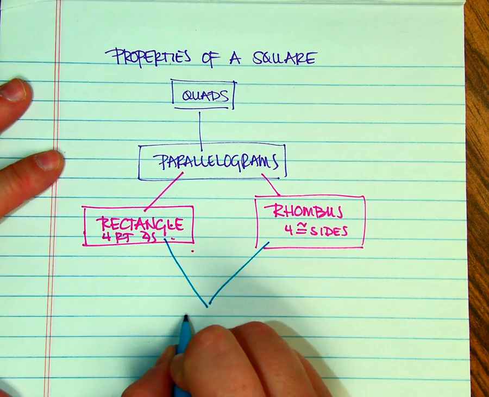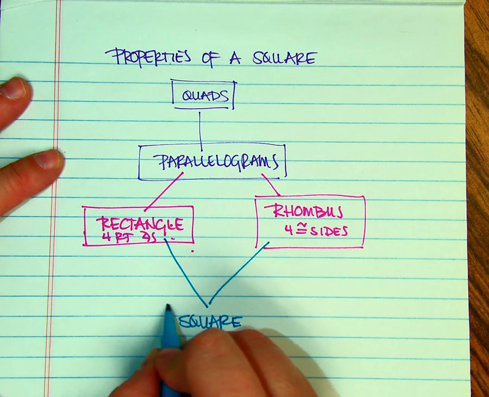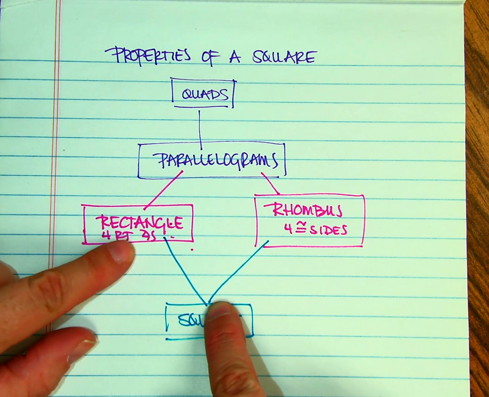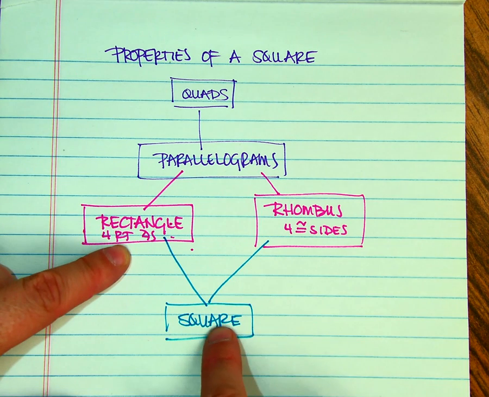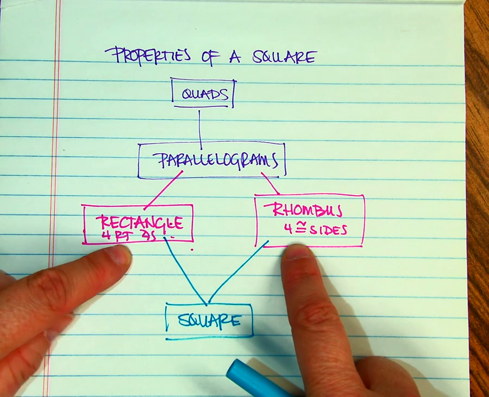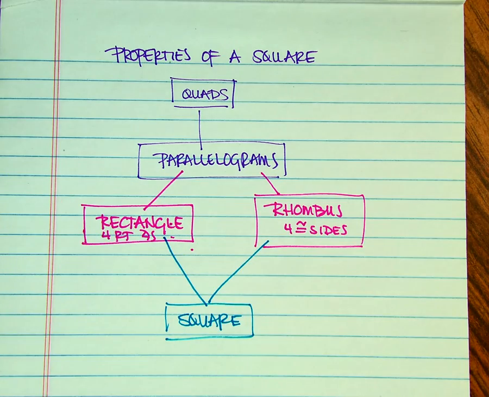A square has the properties of a rectangle because a square has 4 right angles. A square has all the properties of a rhombus because it has 4 congruent sides, which means that it also has all the properties of a parallelogram.